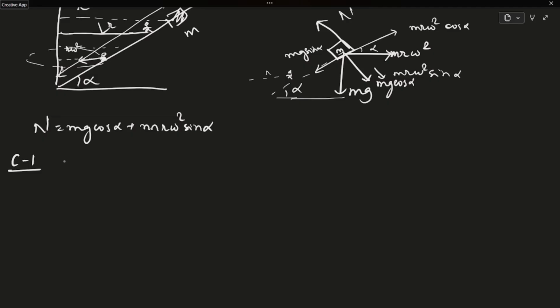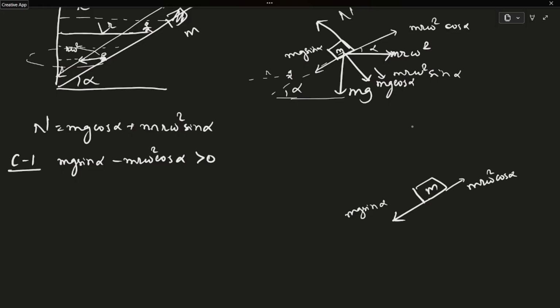Case 1: if mg sin alpha minus mr omega square cos alpha is greater than 0. What does it mean? This is n, this is mg sin alpha, this is mr omega square cos alpha. So this downward component is greater, so friction will act upward in this case.